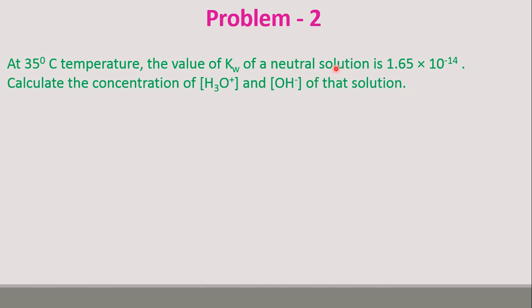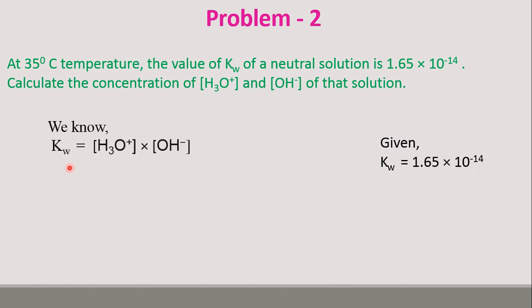The solution is neutral, so both concentrations will be the same. Here Kw equals 1.65 into 10 to the power minus 14, and we know Kw equals concentration of hydronium ion into concentration of hydroxyl ion.